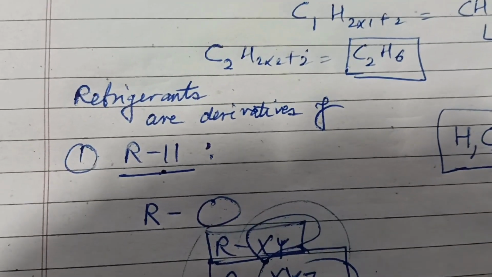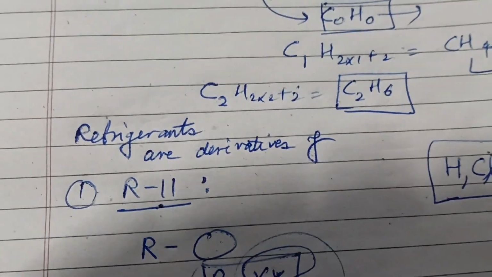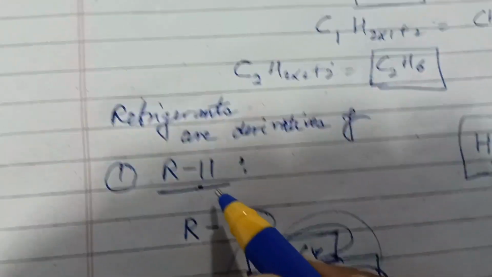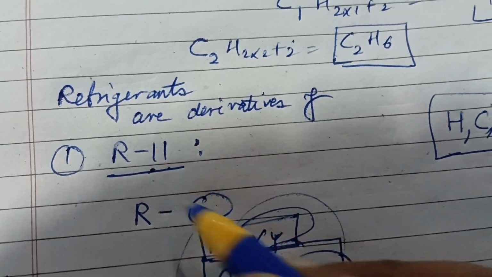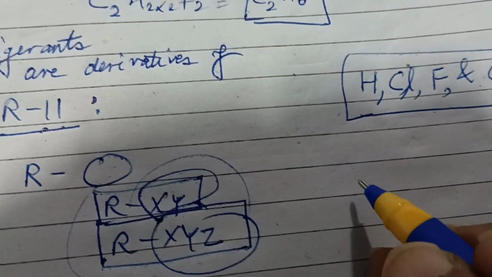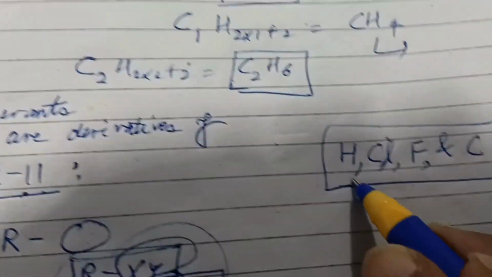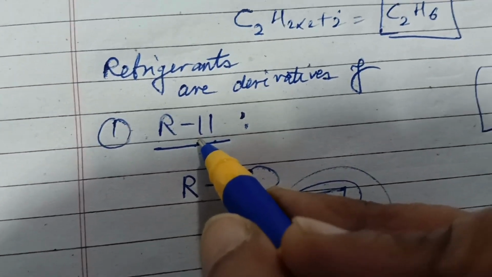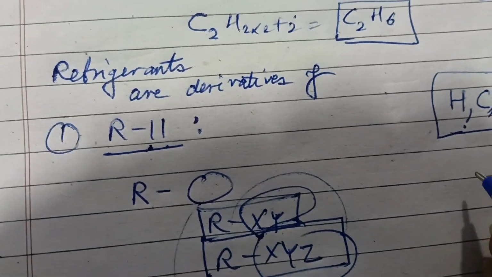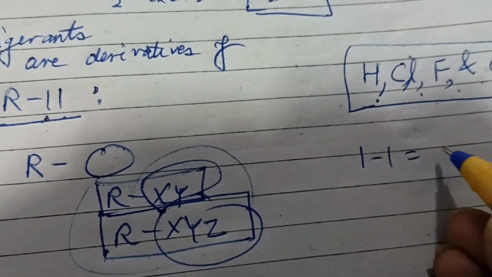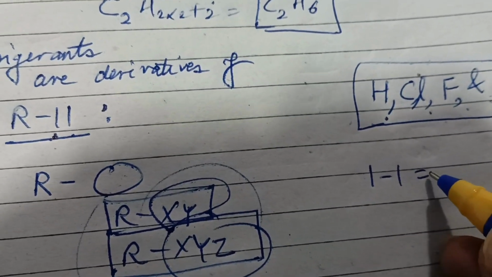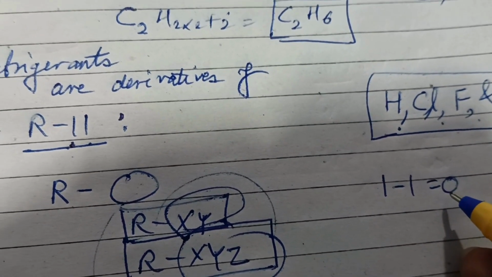So what do you have to do? We have R11, so the first digit is 1 and the second digit is also 1. You have to find hydrogen, chlorine, fluorine and carbon. For the first digit, you always subtract 1. That gives the number of hydrogen atoms, which comes out to be 0.